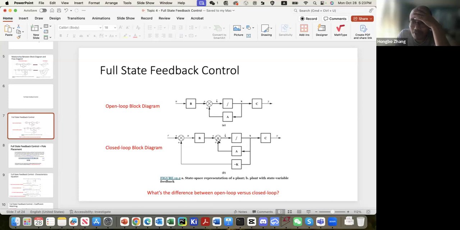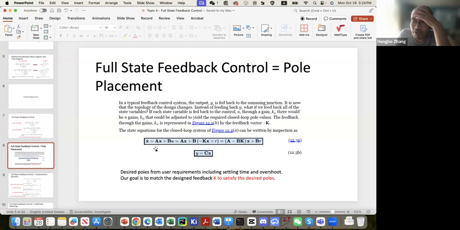Okay, x dot equals Ax plus Bu, where u is R minus Kx. I'll show you the derivation process and how to build a bridge connecting K and the desired poles.